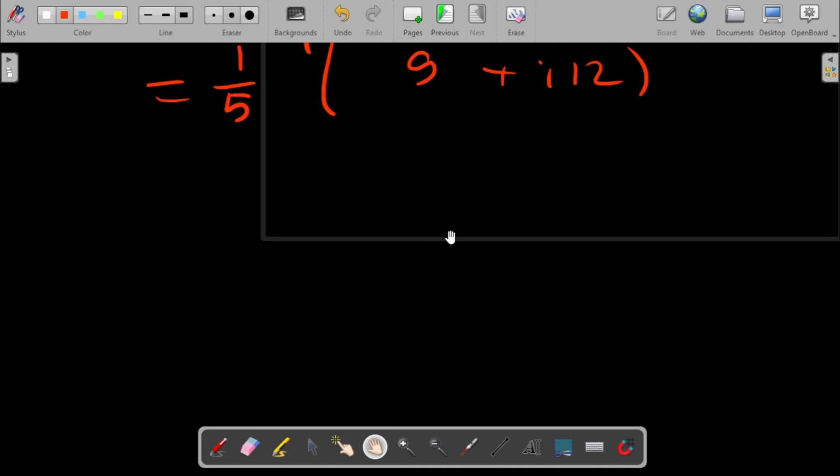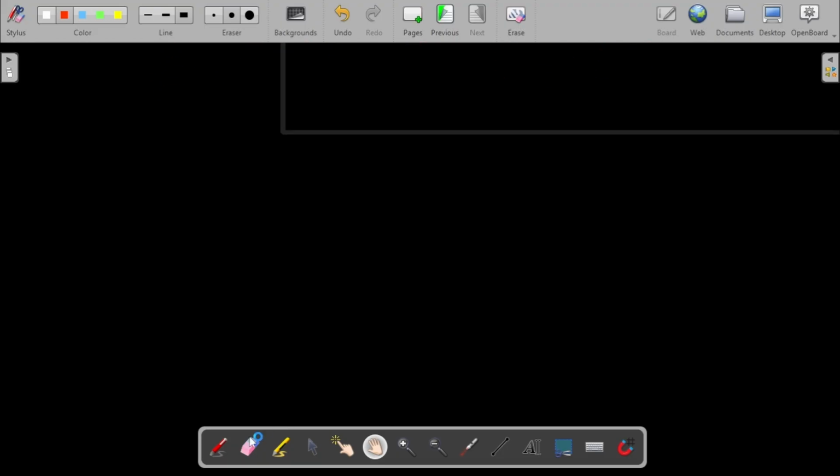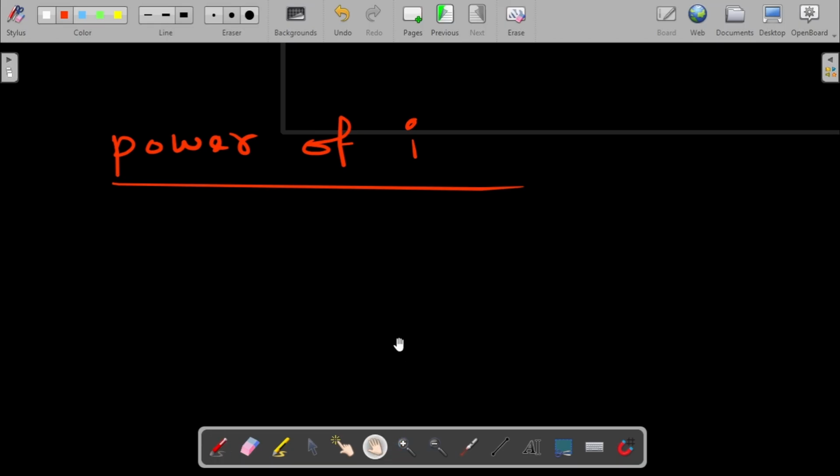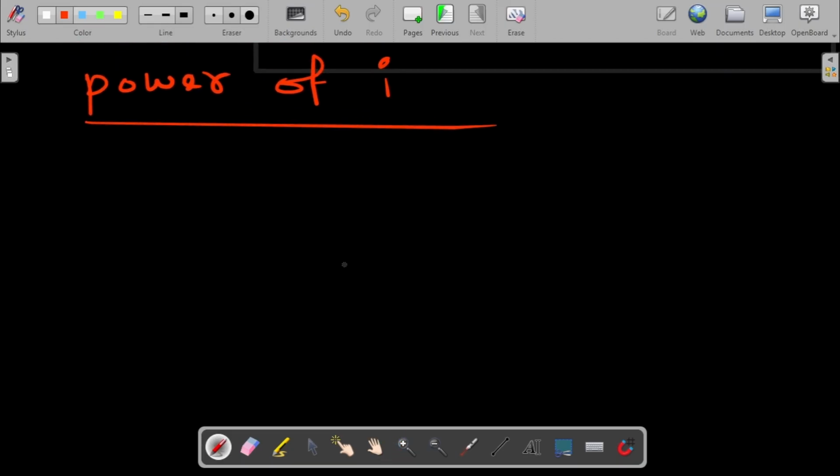Now I discuss power of i. We will define that i equals square root of minus 1.